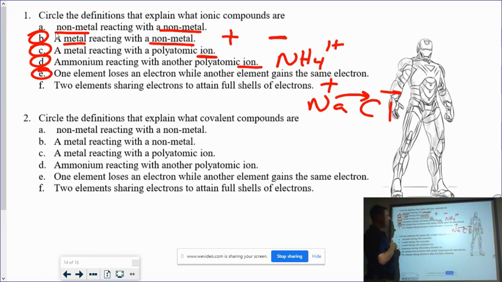And two elements sharing electrons to attain full shells of electrons, that's not one. So we have the exact same setup down here, except here we're talking about covalent compounds. So nonmetals reacting with nonmetals, and two elements sharing electrons to get full outer shells. Those are the two definitions of covalent compounds.